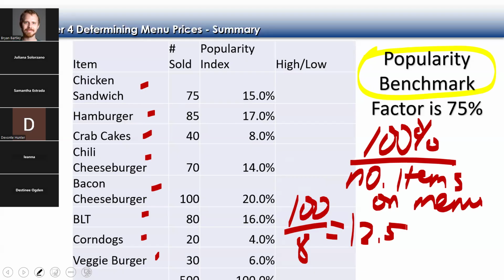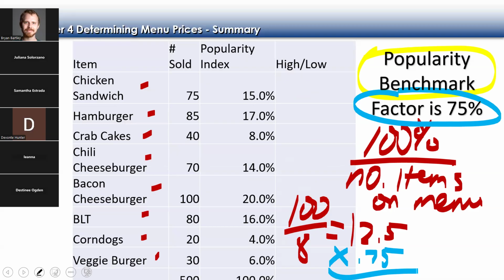My average is 12.5%. But they say we have to apply this percentage factor. So now I'm going to multiply this by 0.75. What is 12.5 times 0.75? 9.3. Okay. That is my new benchmark.